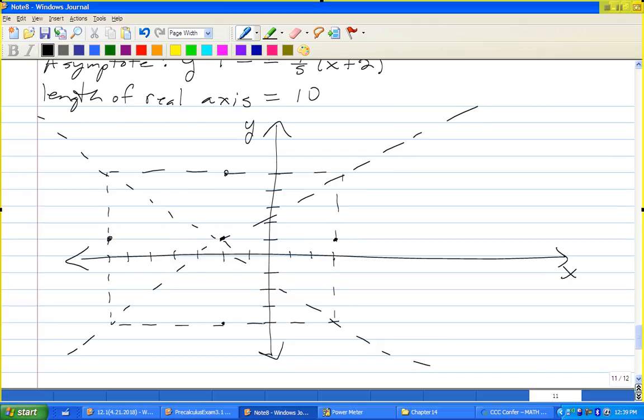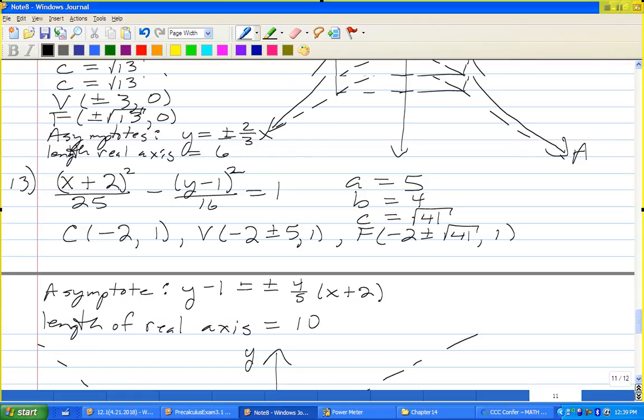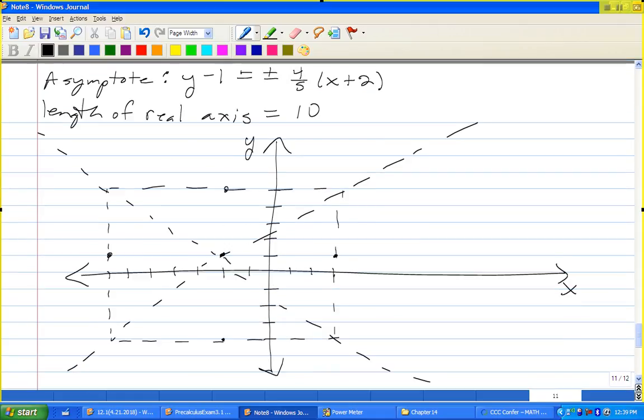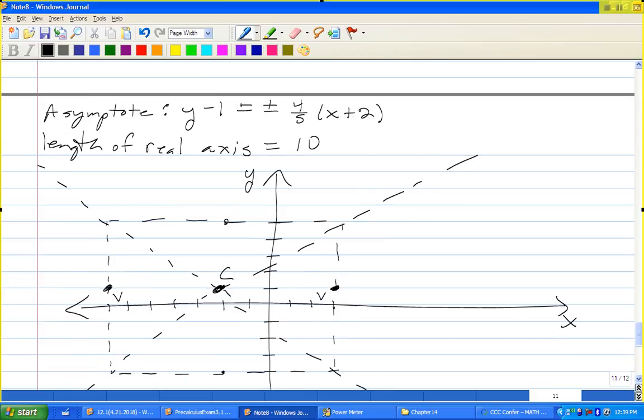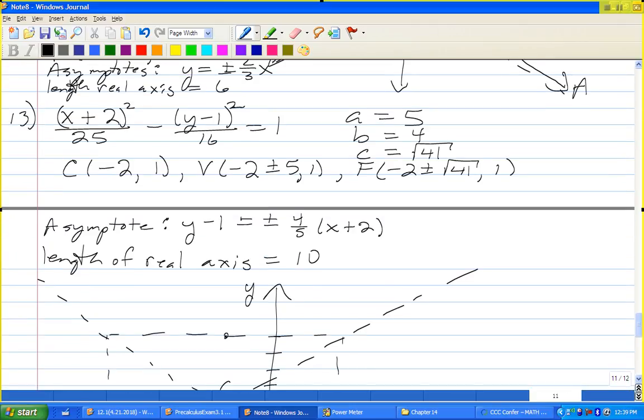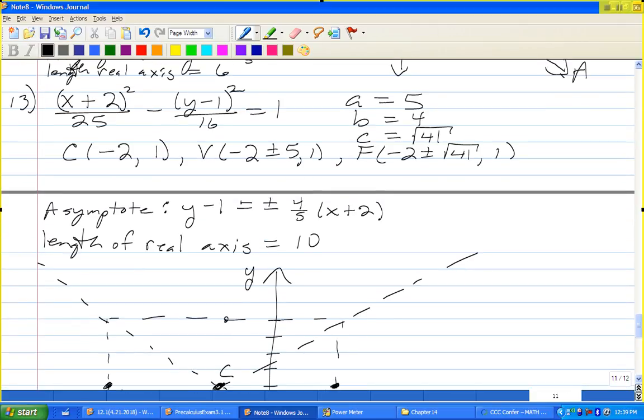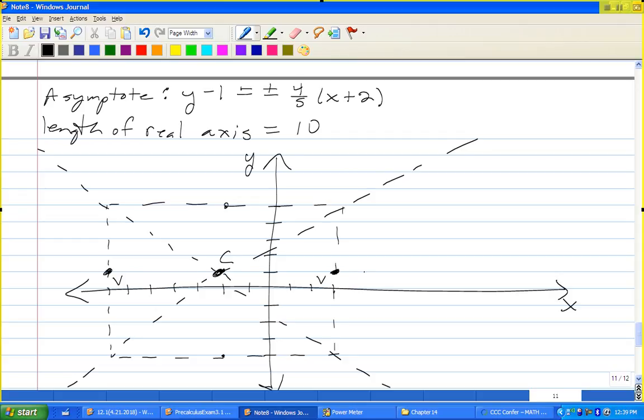Okay, and let's see. X is positive. Okay, so here's the center. Here are my vertices. And focus is rad 41, so it's over 6. So it's about here, for each of my foci.